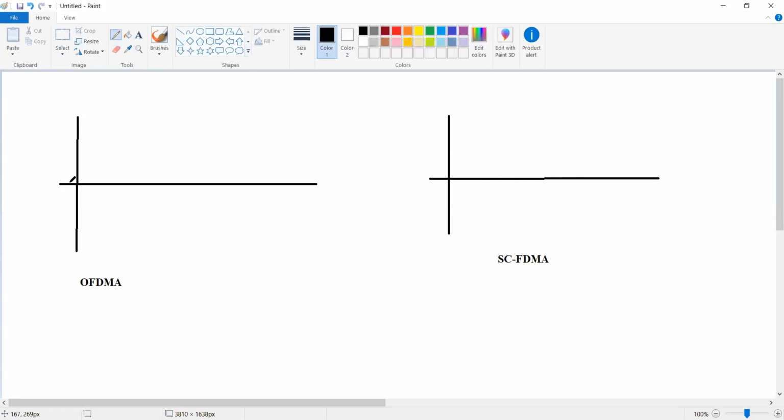In OFDMA, suppose these are our subcarriers transmitting in the time domain.